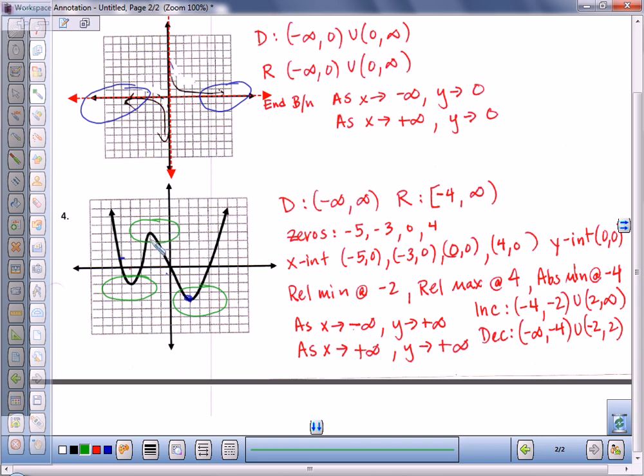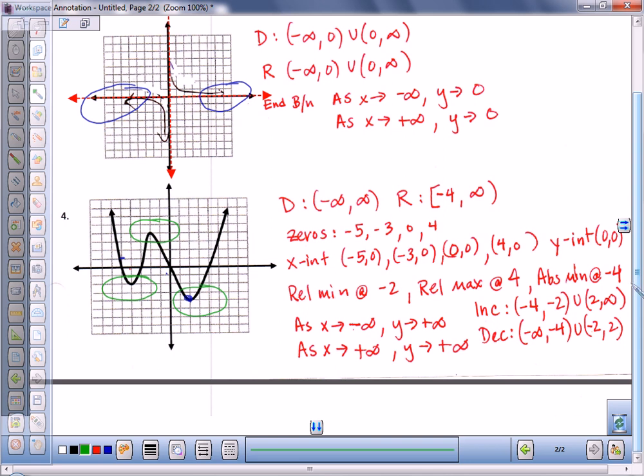So this is a relative max, and the y value there is 4. And then this point, our valley, is the lowest point on the graph. So we have an absolute min that occurs where the function has a value of -4. Does that make sense for our extrema?